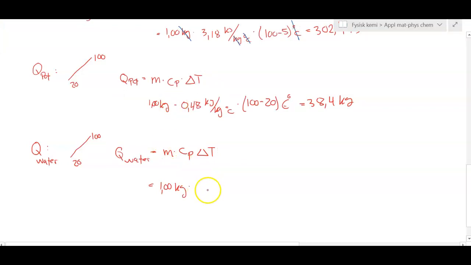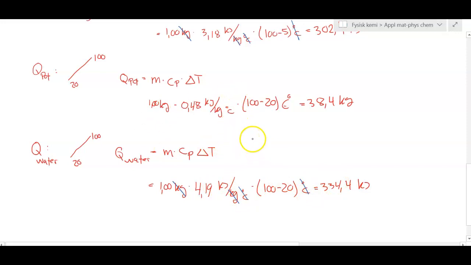So we write 4.19 kilojoules per kilo per degree centigrade times delta T, which was 100 minus 20 degrees centigrade, 334.4 kilojoules. Always check the units. Centigrade, leaving us with kilojoules.